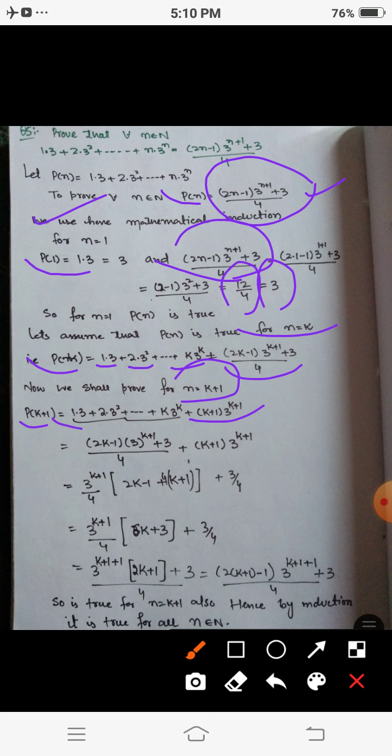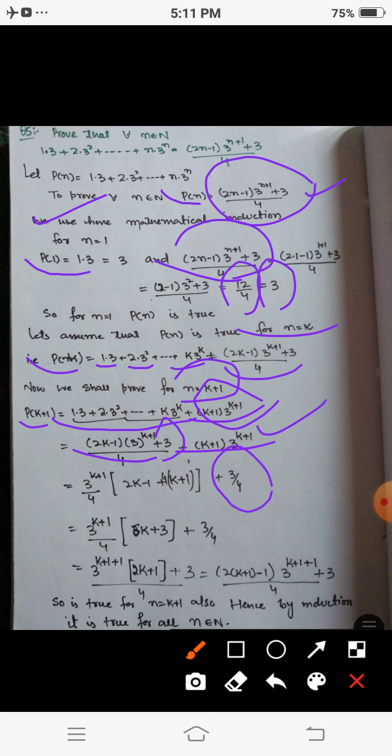Now by assumption we assume that P of k is true. This means that the sum of these first k terms is (2k minus 1) into 3 raised to power k plus 1, plus 3 upon 4, plus this last term, that is (k plus 1) into 3 raised to power k plus 1. Here this 3 is independent of k and its denominator is 4, so we write this as plus 3 upon 4.